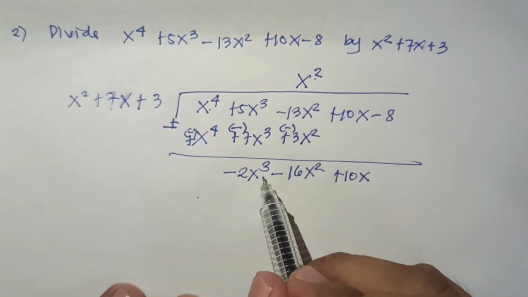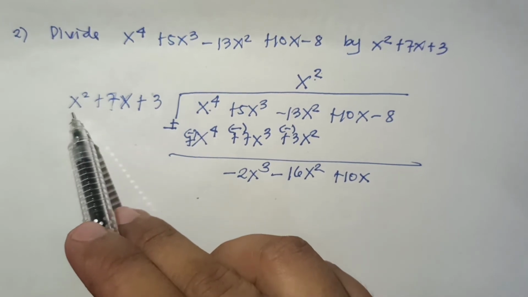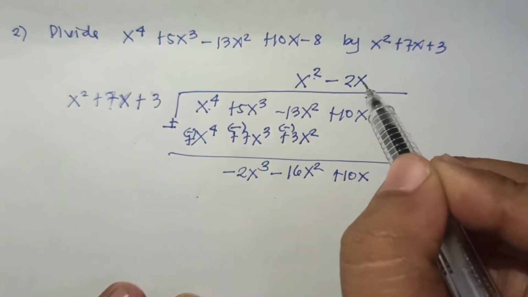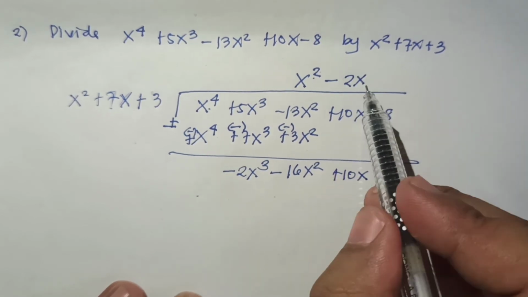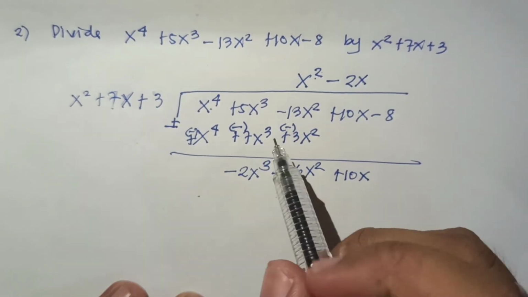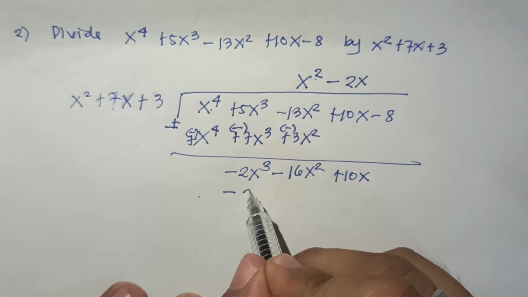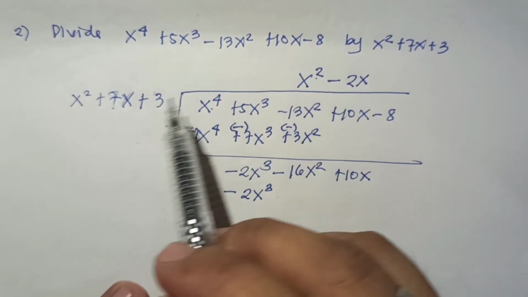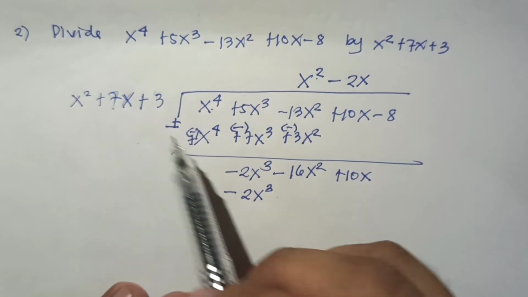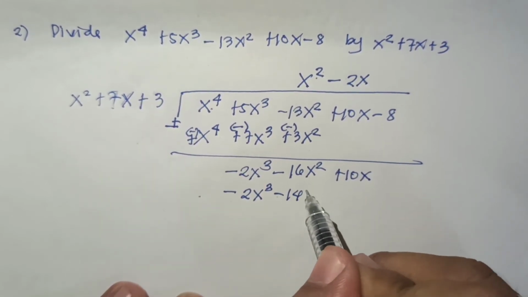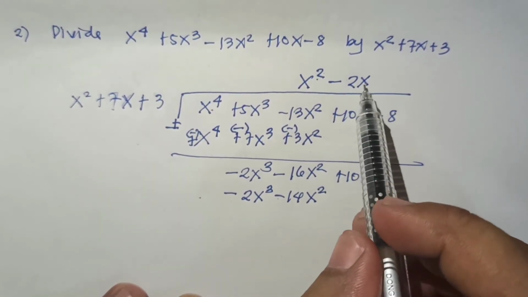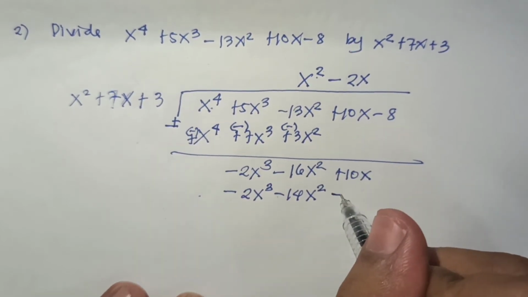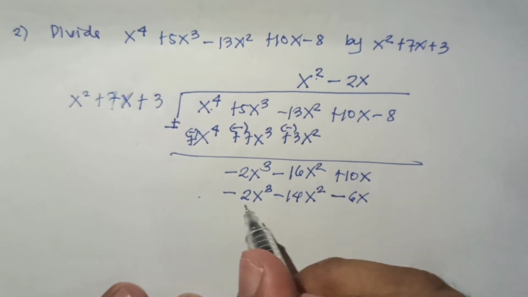Negative 2x cubed divided by x squared, the result is negative 2x. Negative 2x times x squared is negative 2x cubed. Negative 2x times 7x is negative 14x squared. And negative 2x times 3 is negative 6x.